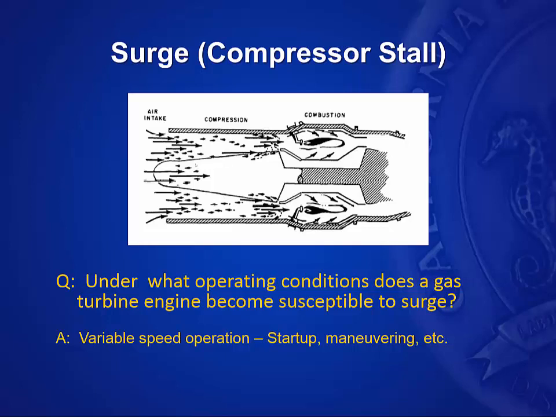But let's take the LM2500 that we're running for ship's propulsion, and that turbine is going to increase and decrease in speed considerably. Under those conditions, with all this variability, you can sustain problems with compressor stall.